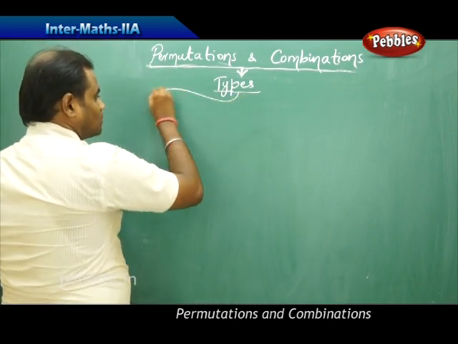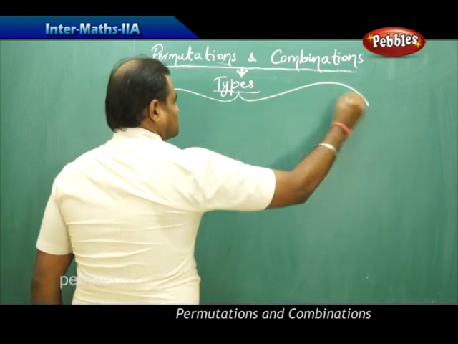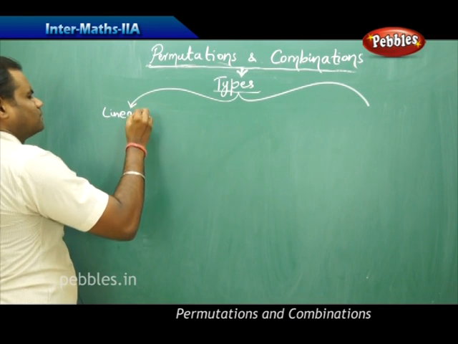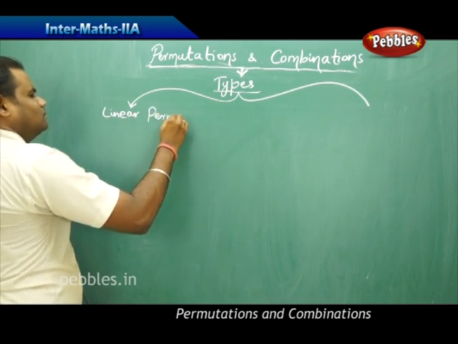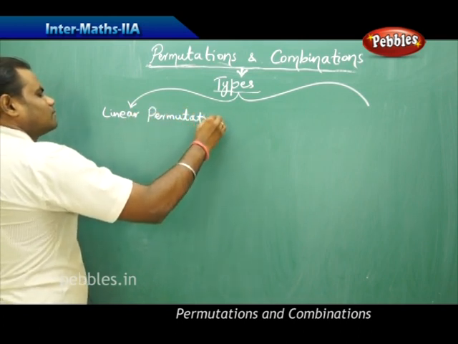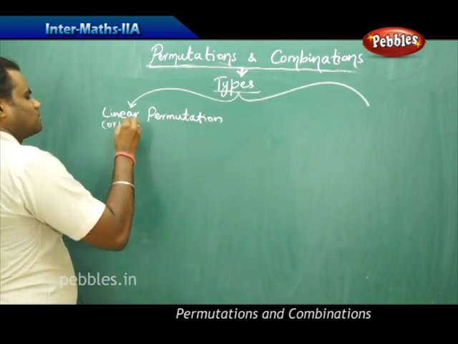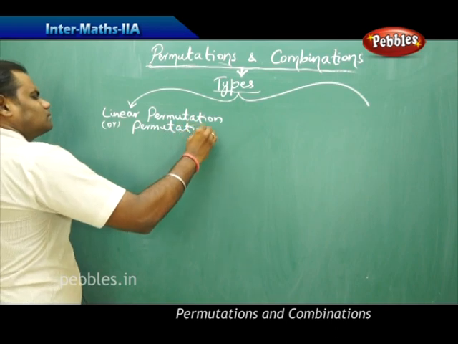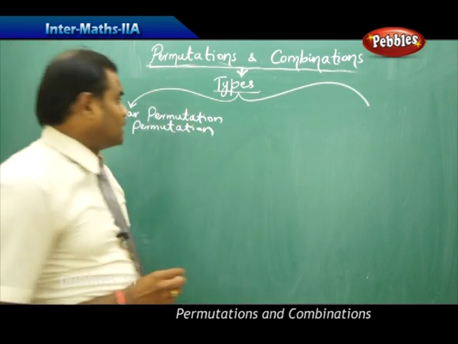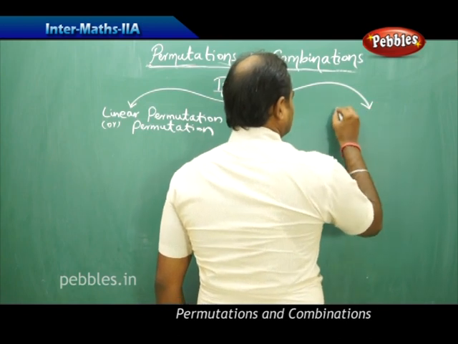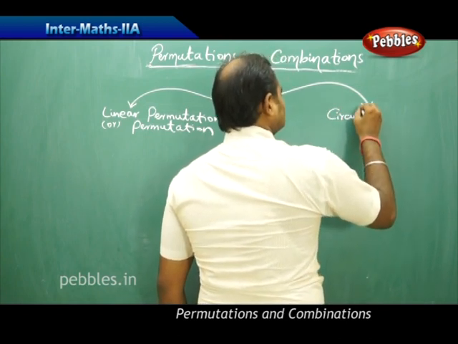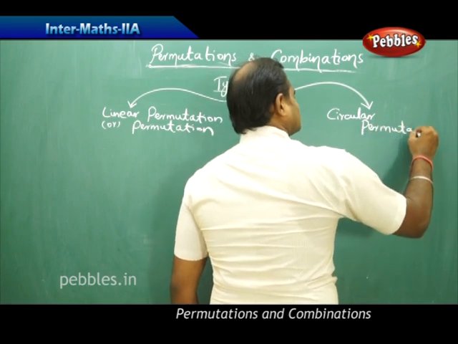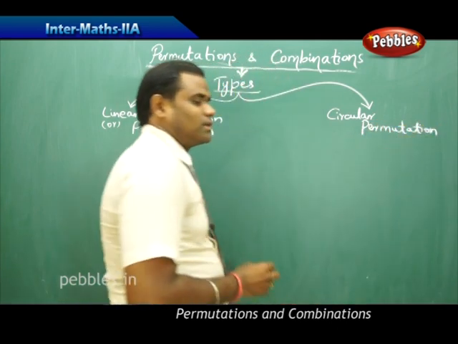One is the linear permutation, also sometimes called simply the permutation, and the next is the circular permutation.